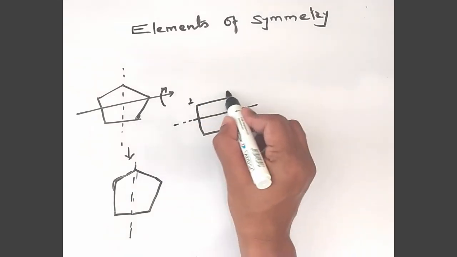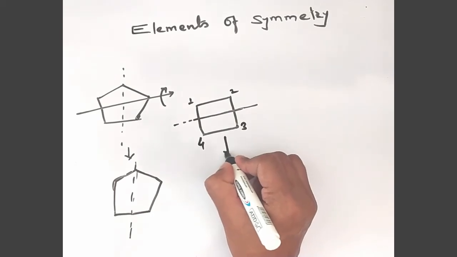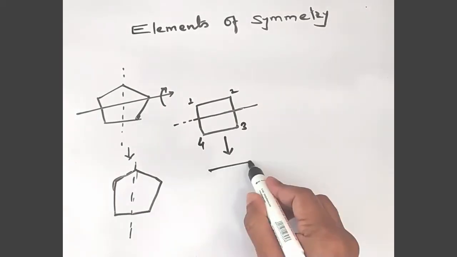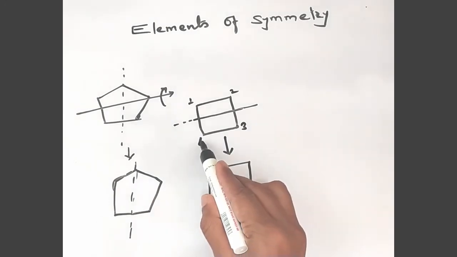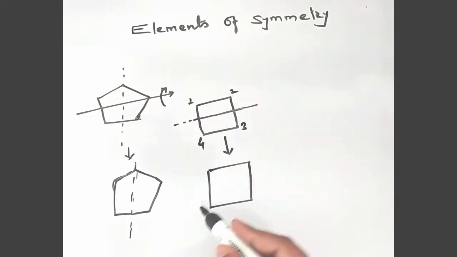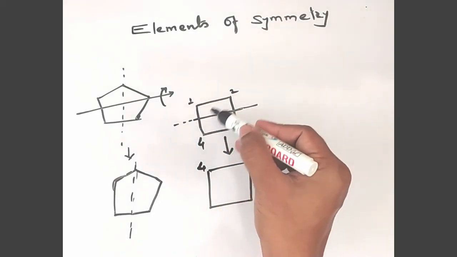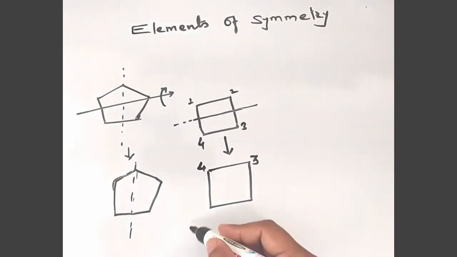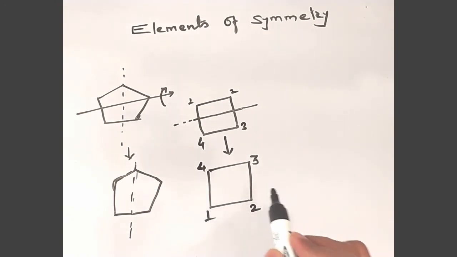I will number this 1, 2, 3 and 4. If I pass this plane, number 4 and number 3 will go to the upper side. Similarly, 1 and 2 will reflect as in a mirror to the bottom side.